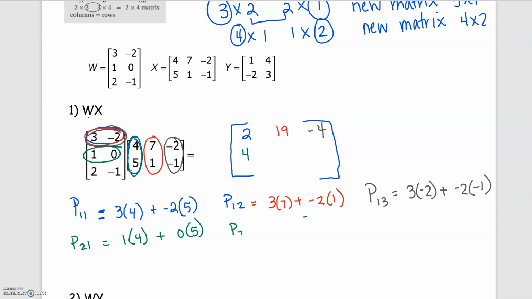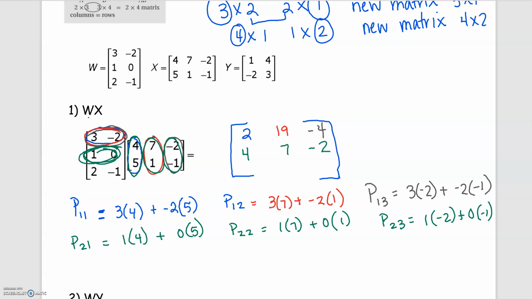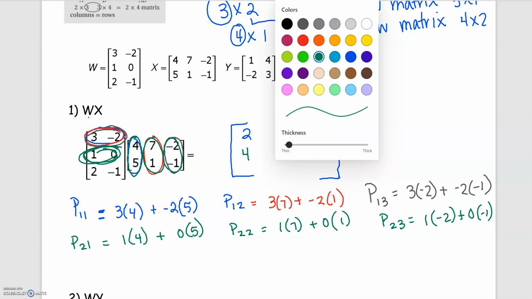And then second row, second column: 1 times 7 plus 0 times 1. So 7 plus 0 is 7. And then second row, third column: 1 times -2 plus 0 times -1 is -2.